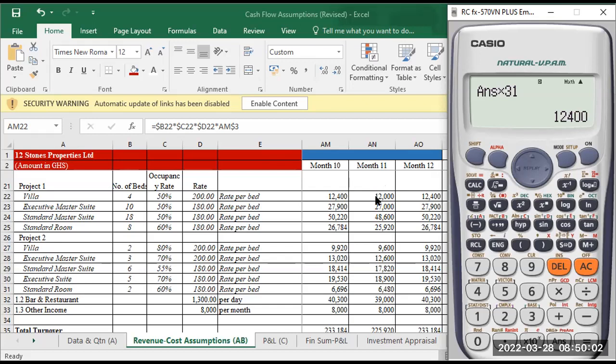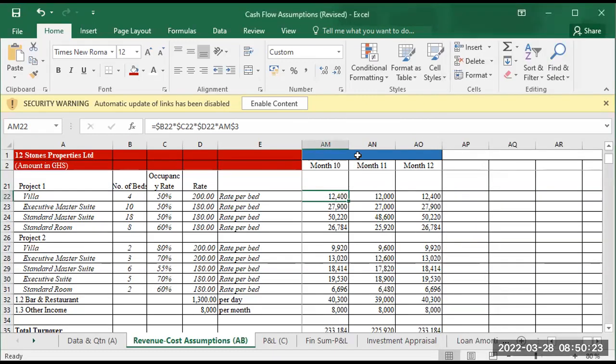So you multiply 4 by 200, 4 beds, each is 200, that is 800, with 50% occupancy so you divide by 2, that is 400. But you have 30 days in the month, so you multiply by 30, that gives you 12,000, right? That is just in 1 month. So you're supposed to do this for all the months of the year, which we've done, for all the months of the year.